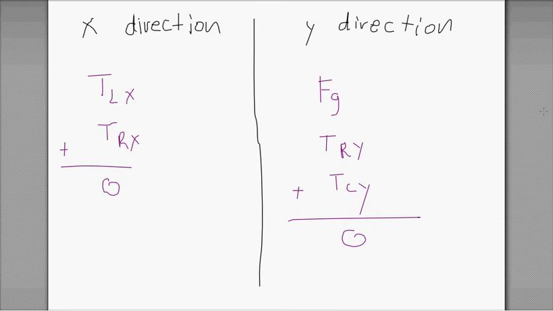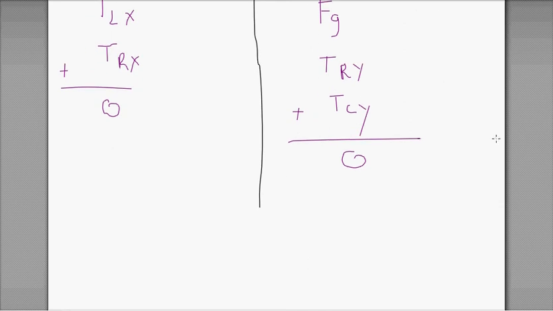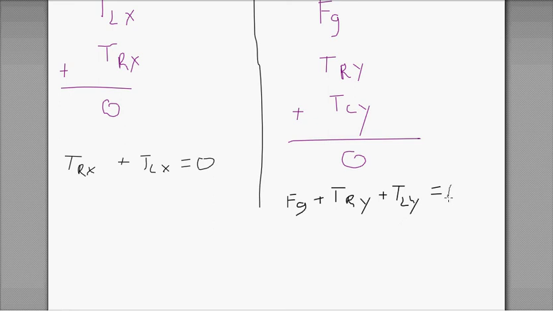So what I like to do is make a formula. It's going to be a very simple looking one. You're going to say TRX plus TLX equals 0, and FG plus TRY plus TLY equals 0.